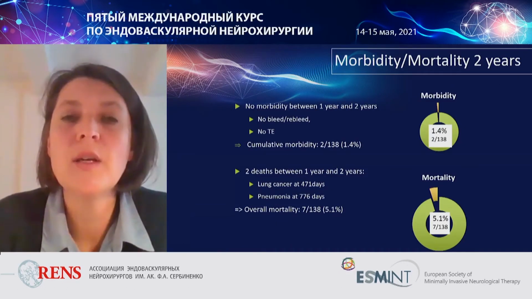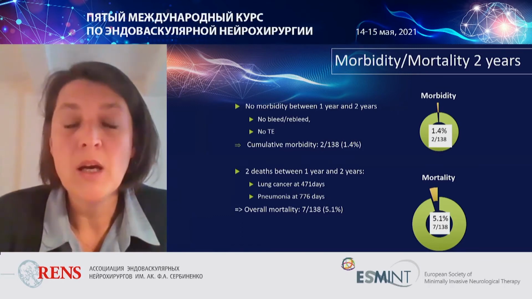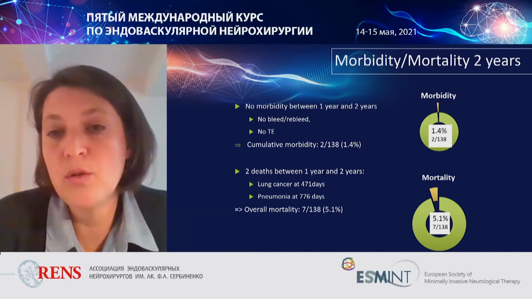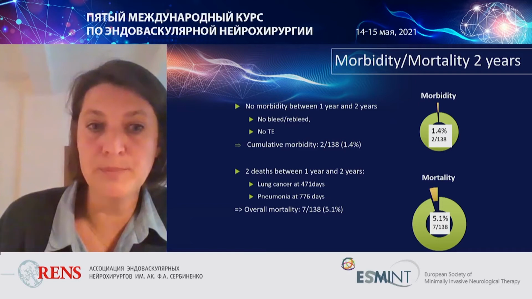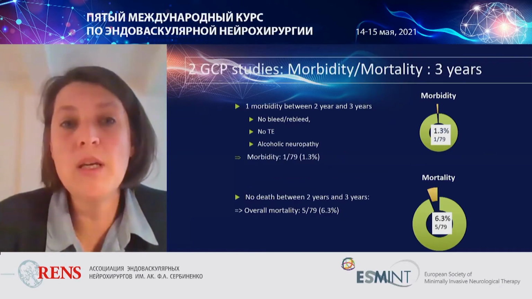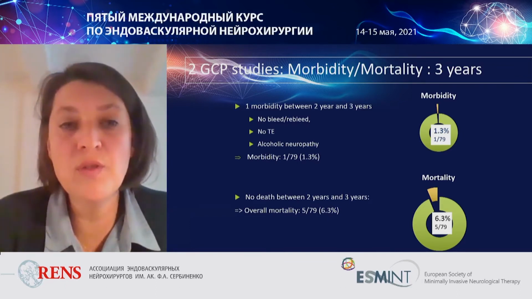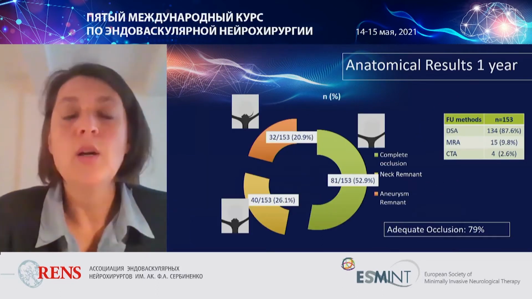Between 1 and 2 years, no more morbidity. Between 1 and 2 years, 2 more deaths, but not related to the procedure, because of lung cancer and pneumonia. At 3 years, 1 more morbidity, but without any relation to the device or to the procedure, and no more deaths between the second and the third year.